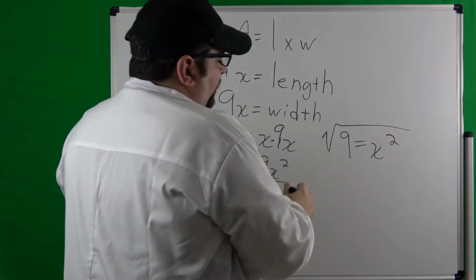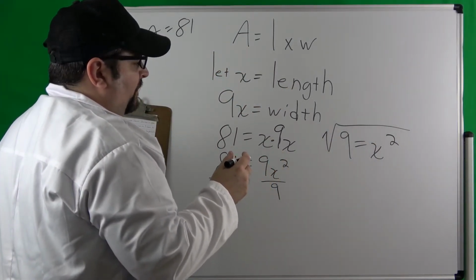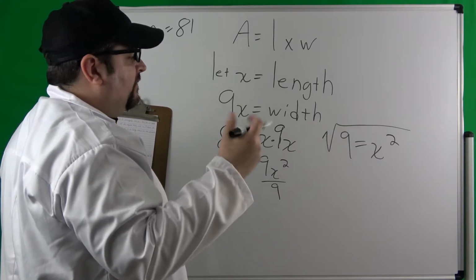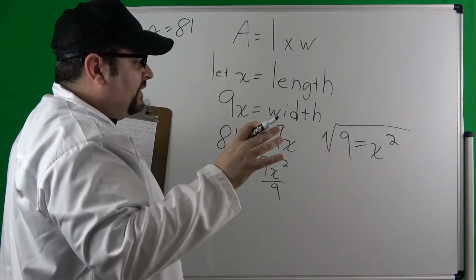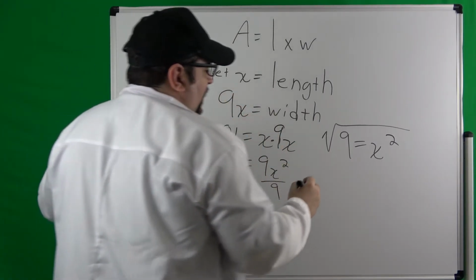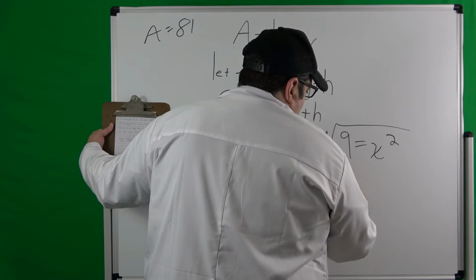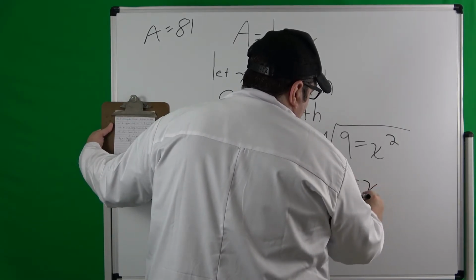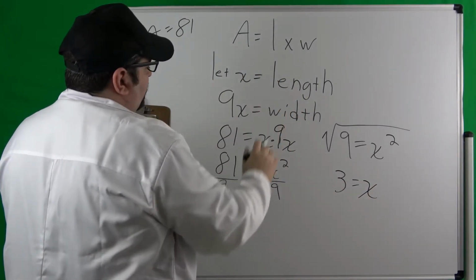Now, normally, the square root of 9 could either be 3 or negative 3, right? But since we're dealing with distance, obviously it can't be negative. So we got 3 equals x. So x is the length.